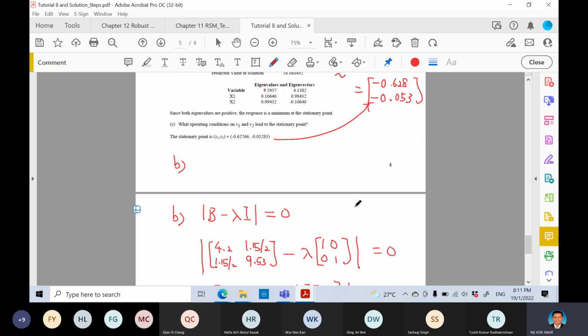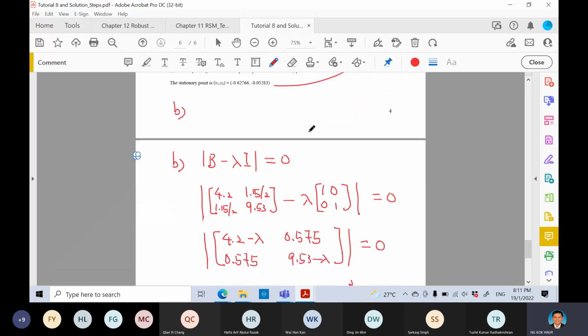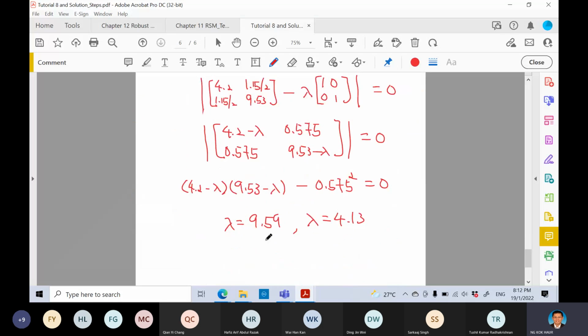Of course, the values may differ slightly because I have rounded the decimal places. Once you have it, both of them are positive, so you will get the minimum of your response.